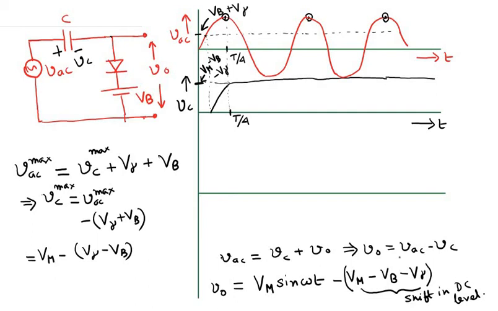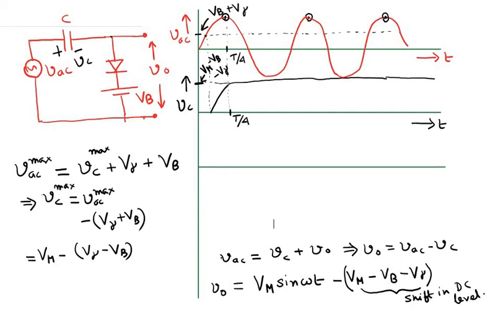Now what would the output signal look like? Just to remind you, I have not changed the shape or the amplitude of my signal. I have only changed the DC level of my signal by this amount. So the output voltage would have the same shape as the input voltage. It would also be a sinusoid. Let me draw the output voltage over here.